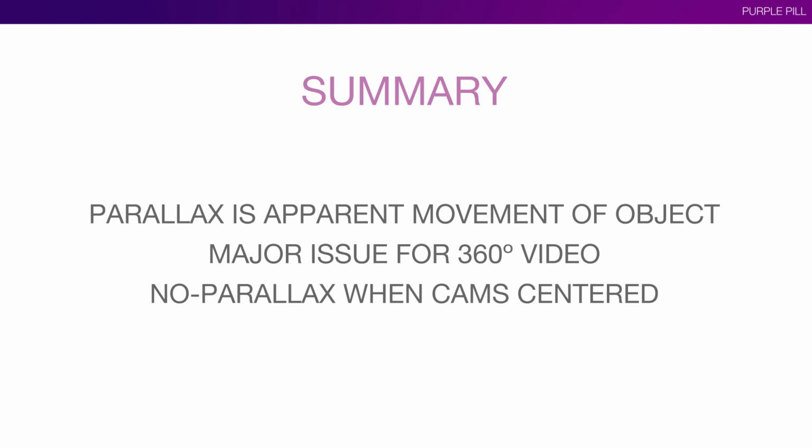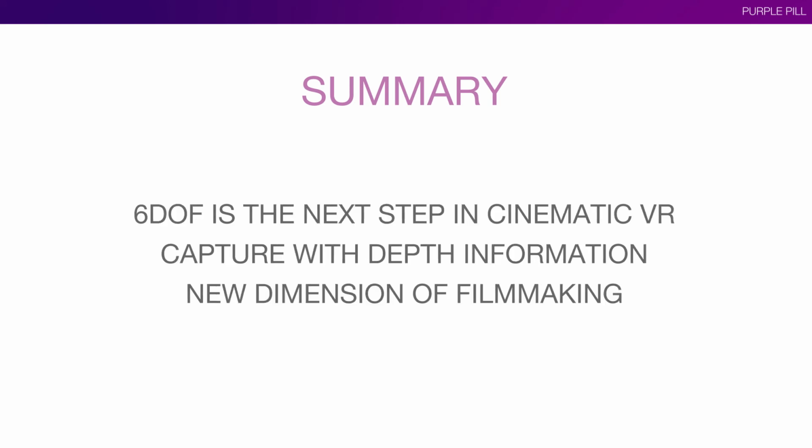Parallax is a big issue for 360 video, especially for stereoscopic rigs in which the cameras are even further apart in the rig. This can cause serious stitching issues. The only way to avoid parallax is to place all cameras in the dead center of the rig. Using advanced computational photography algorithms to create a virtual camera rig is the best way to achieve this.